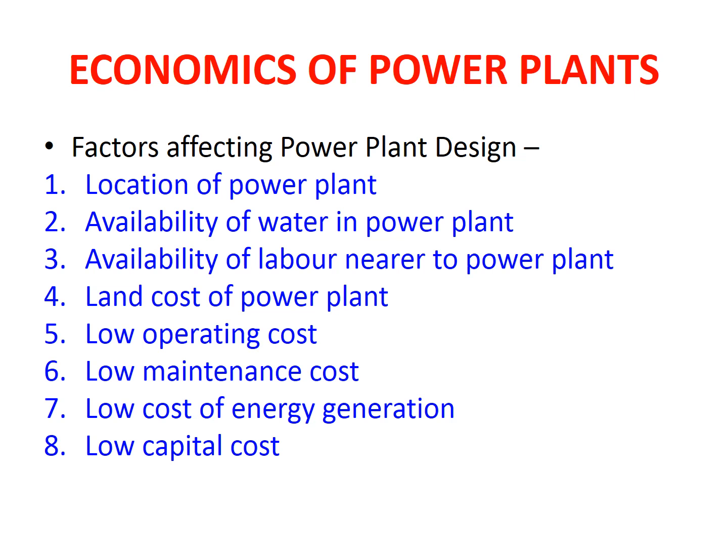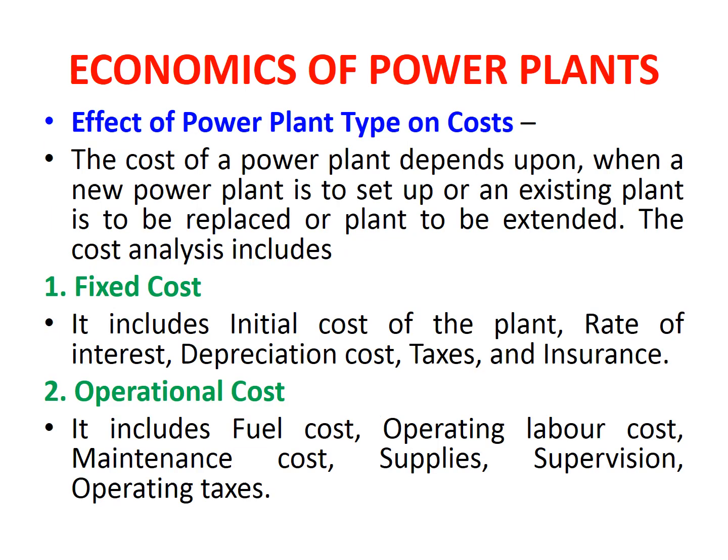Then land cost of the power plant, the cost of the land also affects the power plant design. Then the factors to be considered are low operating cost, low maintenance cost, low cost of energy generation, and low capital cost.